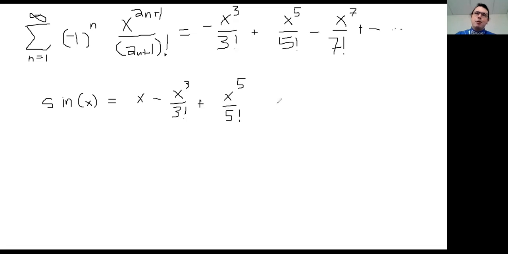Minus x cubed over 3 factorial plus x to the 5th over 5 factorial minus x to the 7th over 7 factorial, and so on. So I almost have the sine function, except I'm missing something. I'm missing this x.